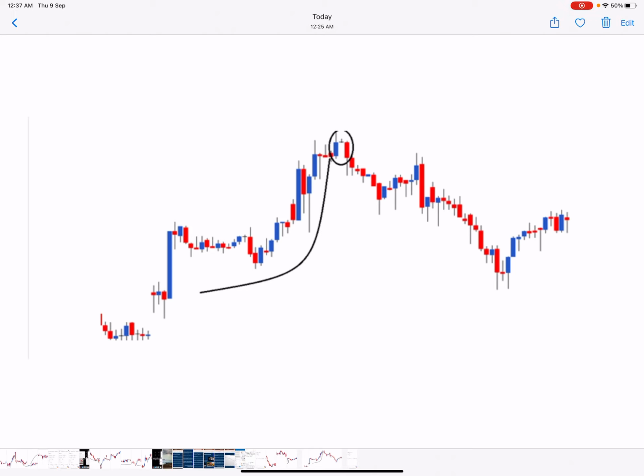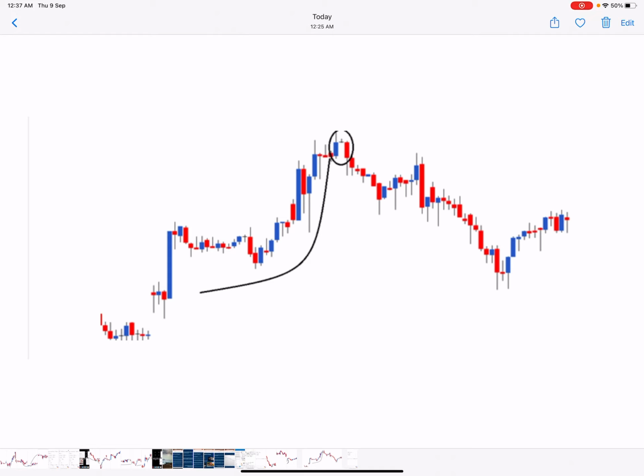P1 should be a blue candle, P2 should be a doji or a spinning top with a gap up opening. P3 should be a red candle with the gap down opening. The current market price at 3:20 pm on P3 should be lower than the opening price of P1.